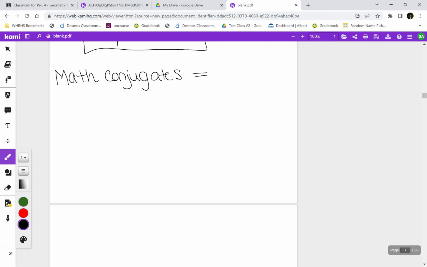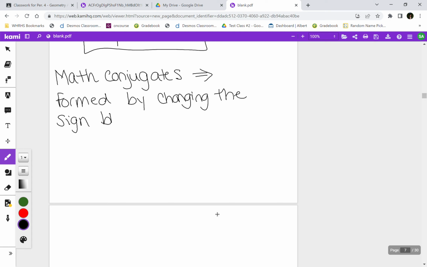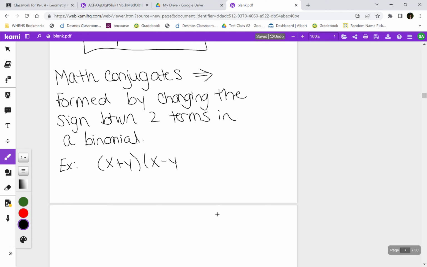So math conjugates are formed by changing the sign between two terms in a binomial. So an example is x plus y and x minus y. They are considered conjugates.